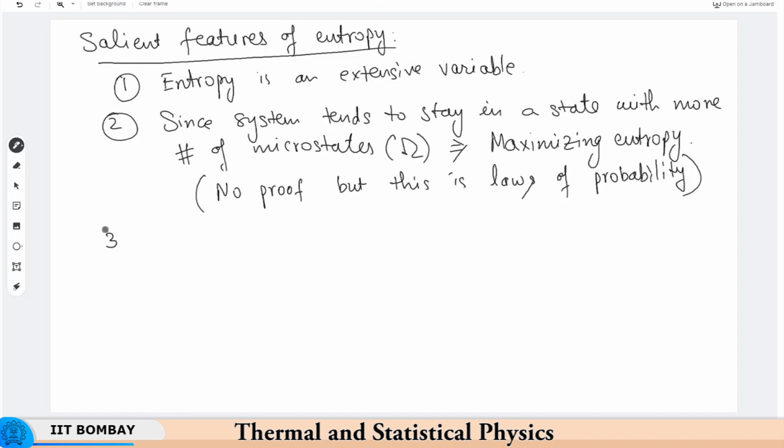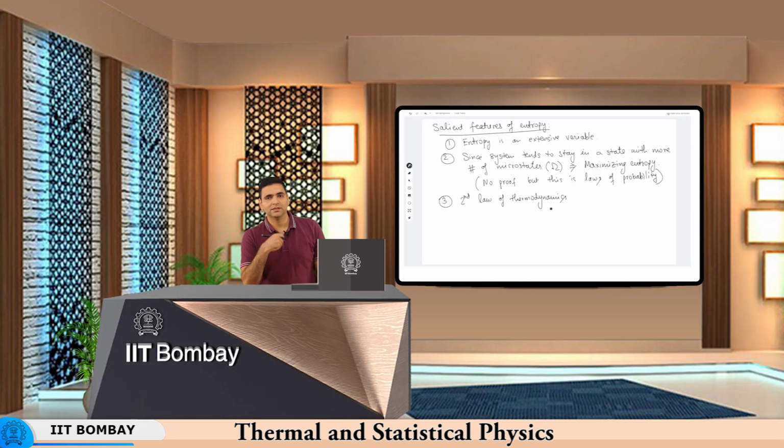And on similar lines, we can also say that the second law of thermodynamics, which we saw told us that processes evolve only in the direction of increasing entropy, is not really a fundamental law.